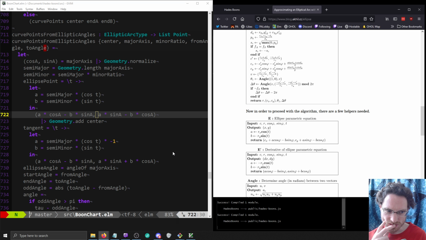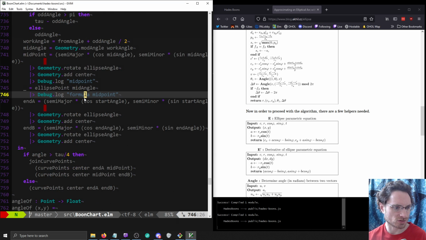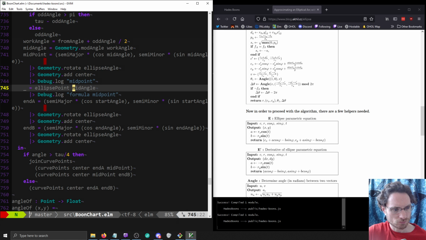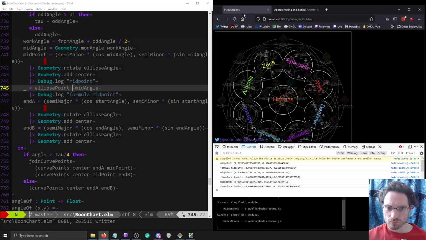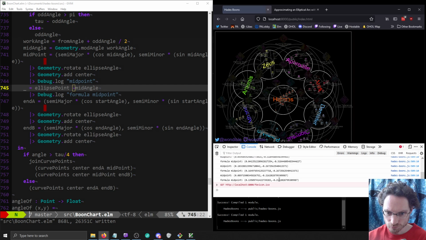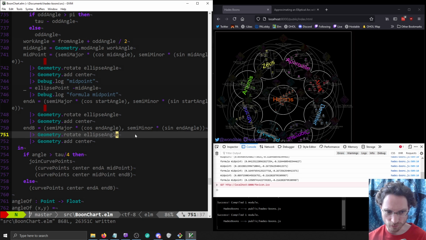Huh. Well, there's direction of rotation. Which makes me wonder if my rotate method is the one that's backwards.